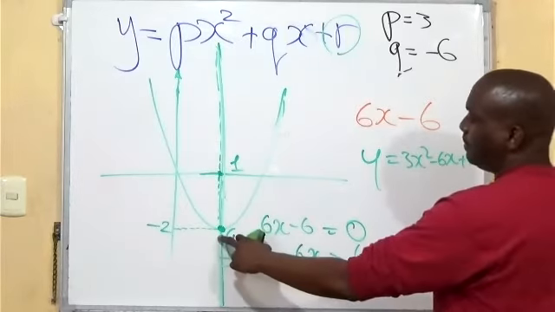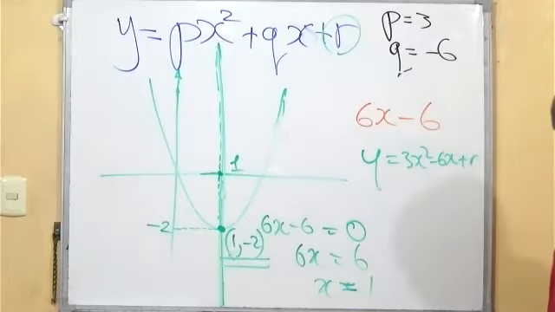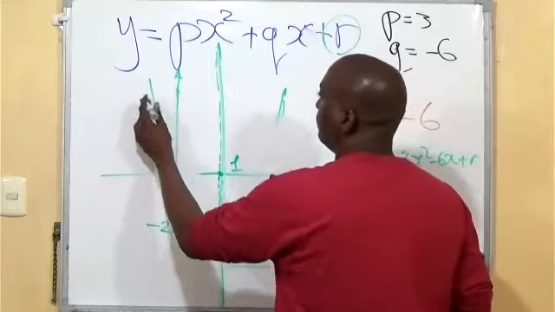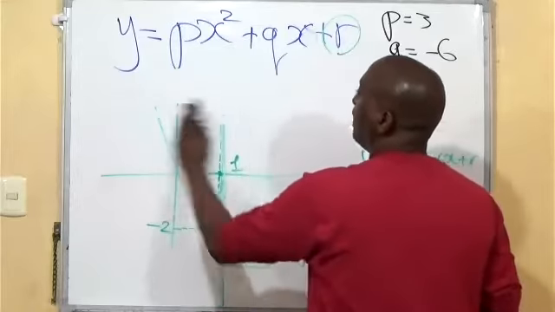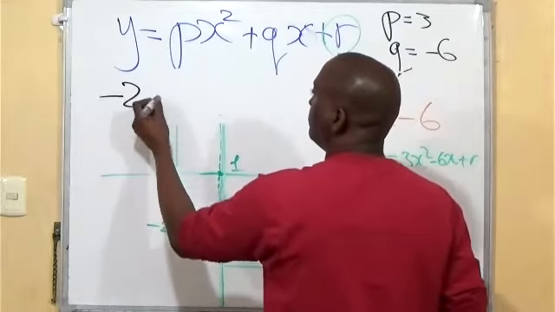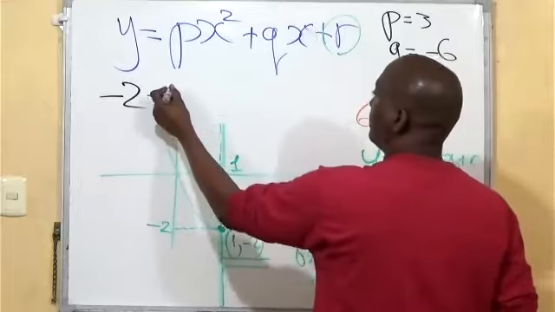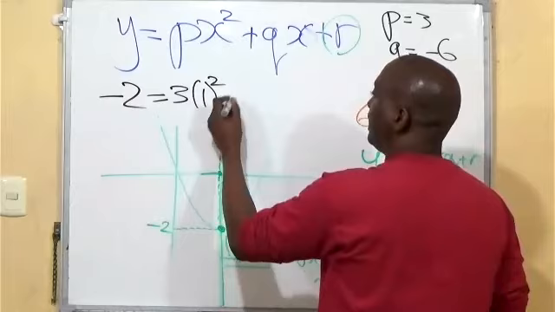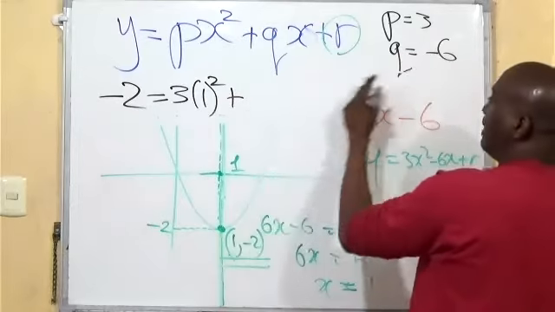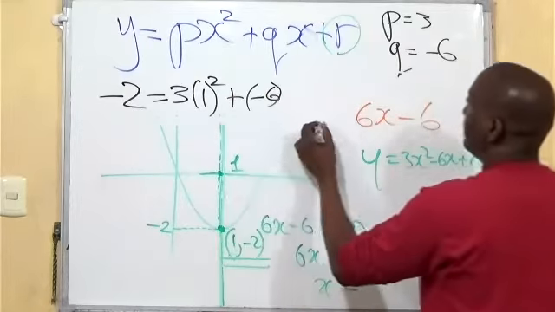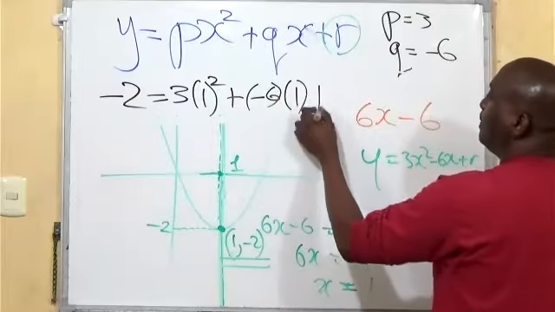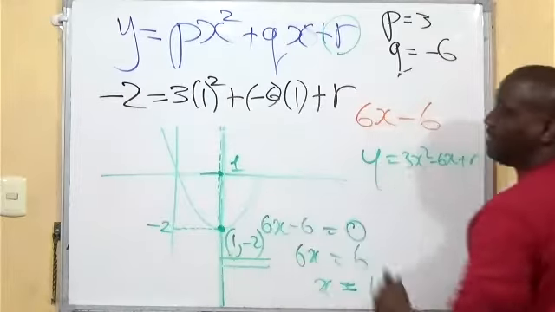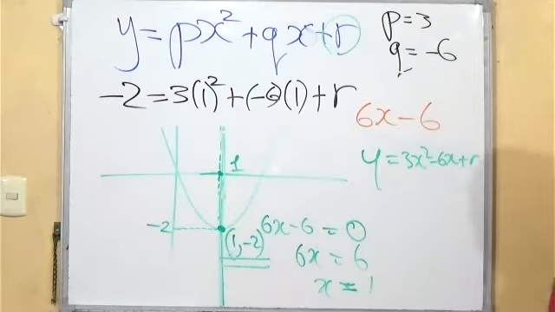At the stationary point (1, -2), we will now have, and I'm going to superimpose here, that -2 = 3 × 1² + q × 1 + r, with p equal to 3 and q equal to -6. So now we're in a position to find r because we have everything else from the original equation.